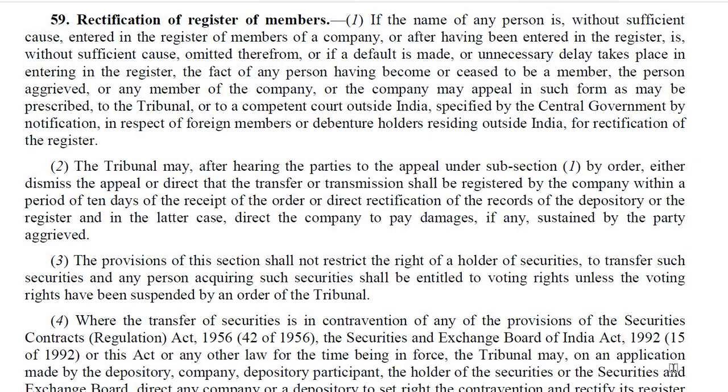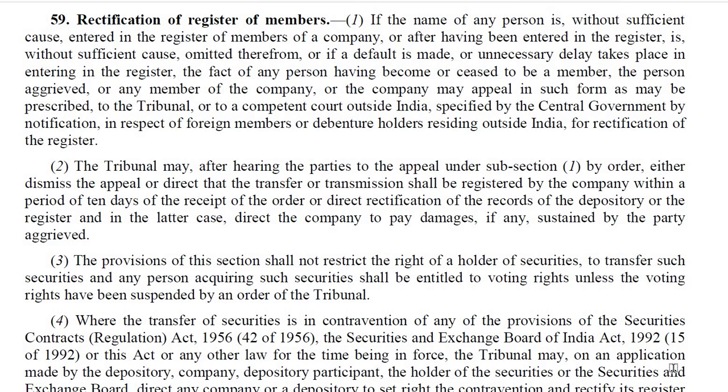If the name of any person is without sufficient cause entered in the register of members of a company, or after having been entered in the register is without sufficient cause omitted therefrom, or if a default is made or unnecessary delay takes place in entering in the register the fact of any person having become or ceased to be a member, a person aggrieved, or any member of the company or the company may appeal in such form as may be prescribed to the tribunal, or to a competent court outside India specified by the central government by notification in respect of foreign members or debenture holders residing outside India, for rectification of the register.